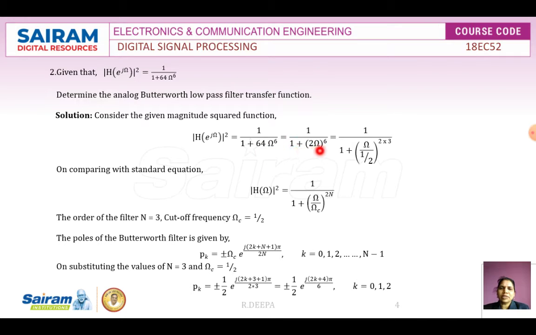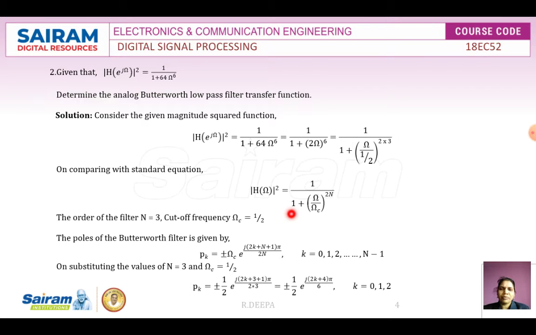This is expressed as 1 divided by 1 plus 2 omega whole power of 6, and this omega can be written as omega divided by omega c, thereby we are getting omega c as 1 by 2. The whole power of 6 we can split as 2n, so that 6 can be split as 2 into 3.